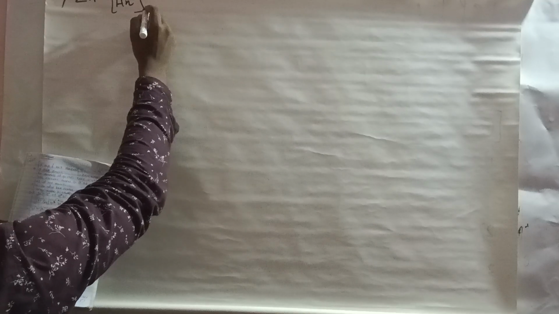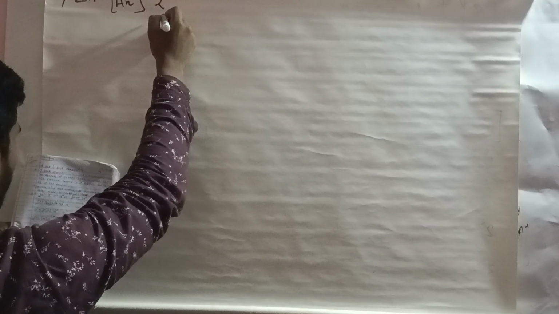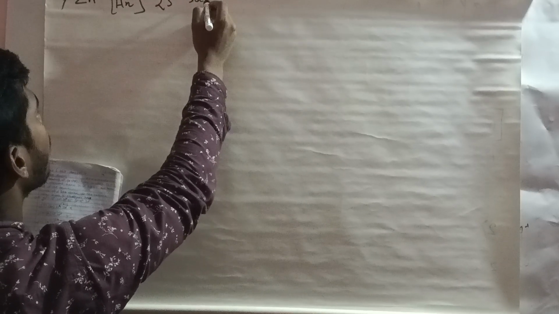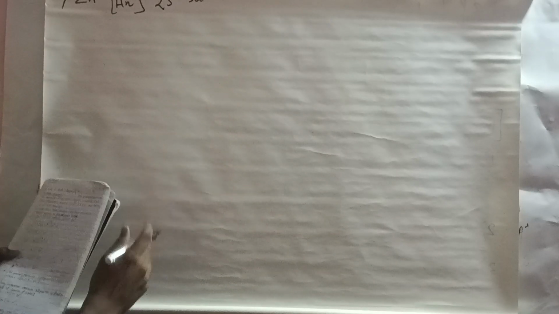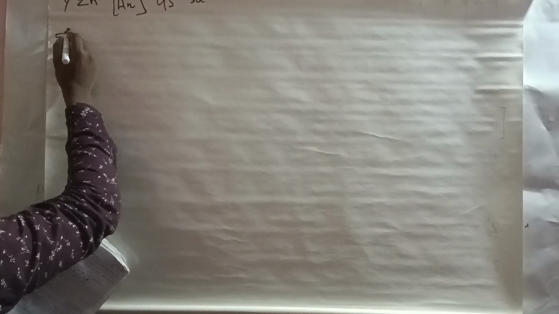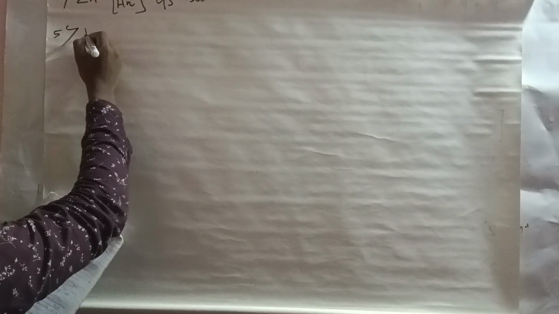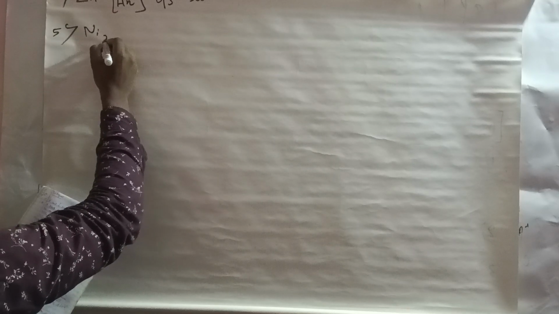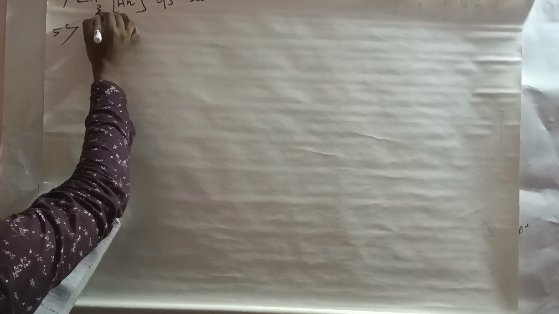In zinc also, the argon is 18, plus 4s2, 3d10. Next we'll write nickel, 28, and zinc, 30.